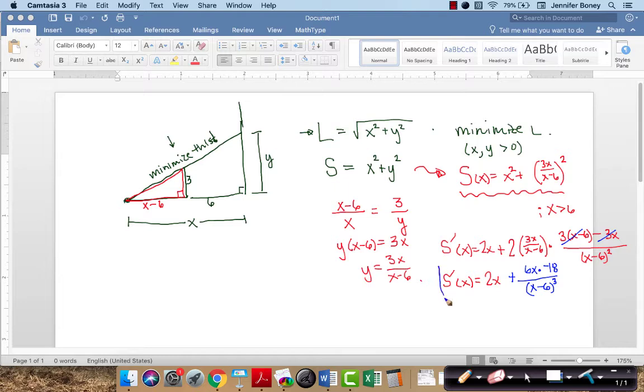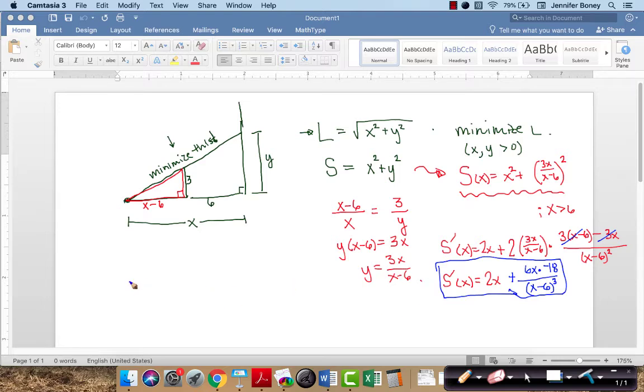If you think that algebra is unpleasant, you can graph the derivative and see when it's equal to 0, or you could graph the original and see where its minimum is. And those should be the same x value in this case. It's not an awful expression, but it's just not super pleasant.